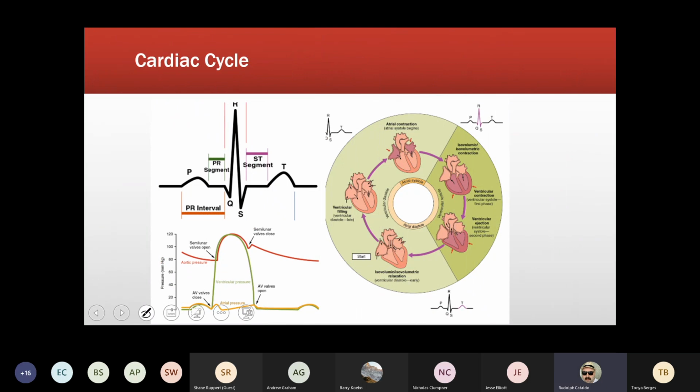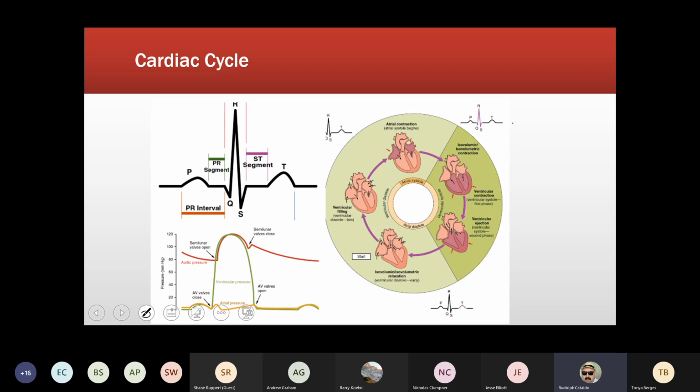So we know basically what these points are within a complex. We know what these points mean. Here's a little circle diagram for people who like pictures. I'm a picture guy. This makes sense to me when it comes to what these different points mean, such as our P wave, our QRS segment, our T wave. But there's some other things here we need to know as far as numbers.